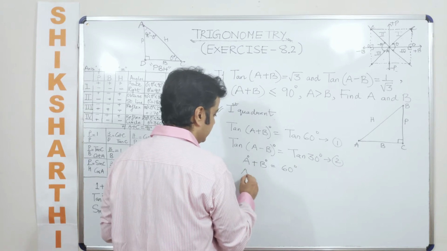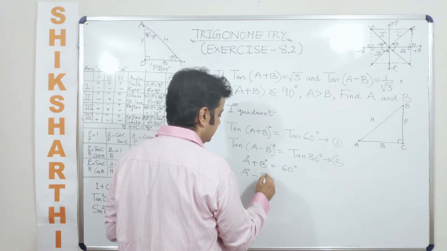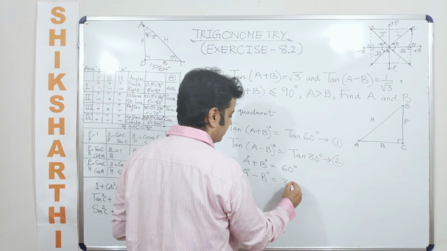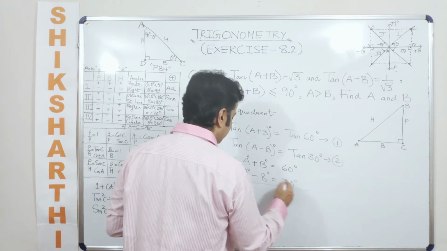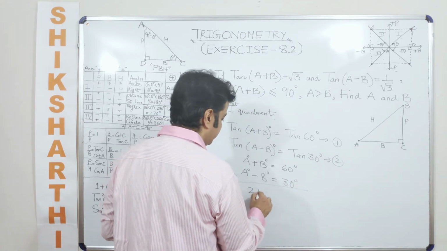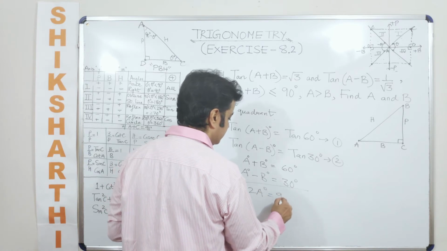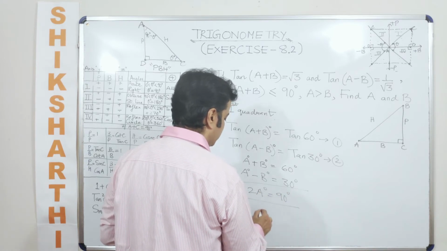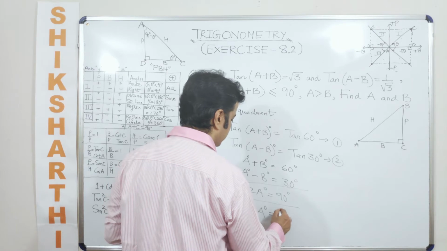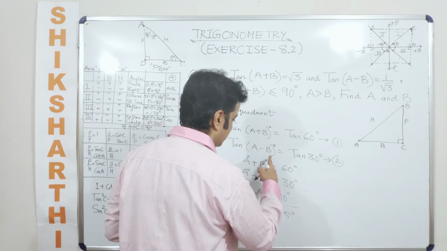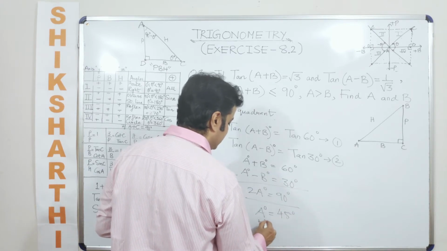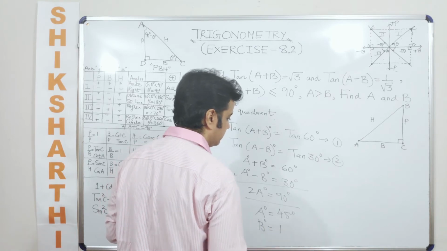And the second equation is A degrees minus B degrees is equal to 30 degrees. So when I add this, I get twice of A degrees is equal to 90 degrees. So from here you are able to say that A degrees is equal to 45 degrees and B degrees becomes equal to how much?